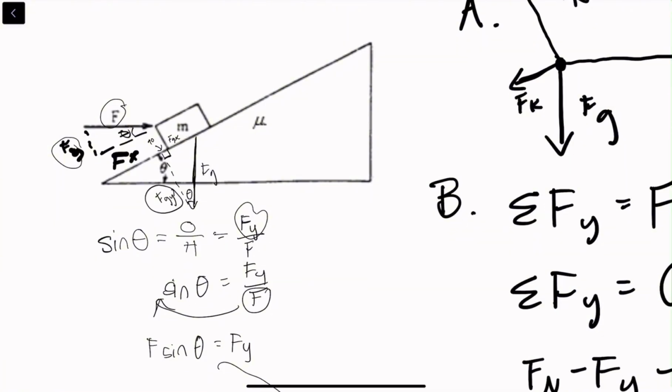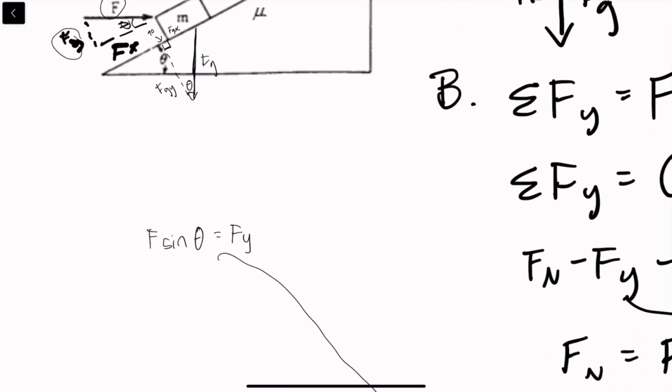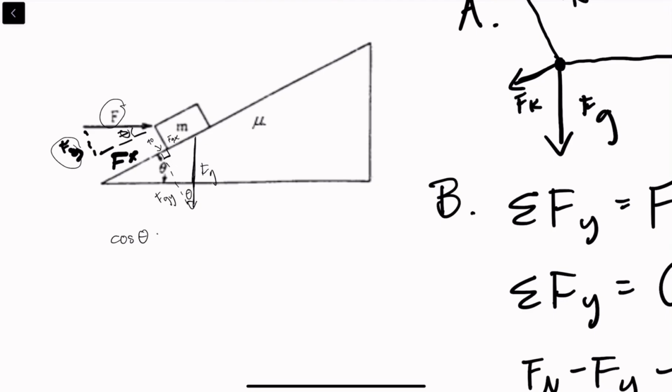Okay, and again, we want to solve for FGY. So let's just clear up this work here. Cosine theta is equal to adjacent over hypotenuse. We want to use this trig identity because FGY is adjacent to theta. So we can just substitute those in. FGY is adjacent and the hypotenuse would be FG. Now, since we want to isolate for FGY, we would multiply this to the top.